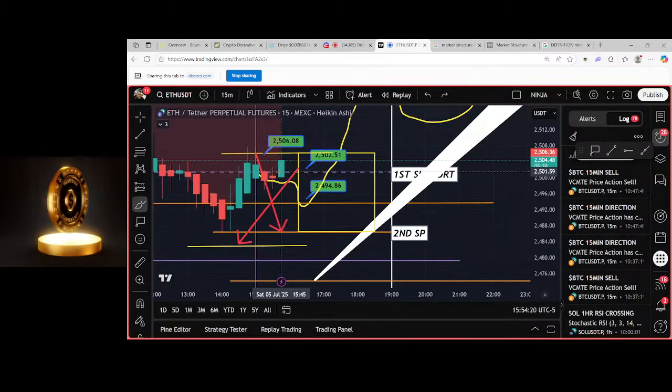Well, listen to what I'm saying here. If you buy something at 2,500, okay, let's say we bought here at 2,494. It then went to 2,506. The pullback is 2,502. We would not buy that pullback.